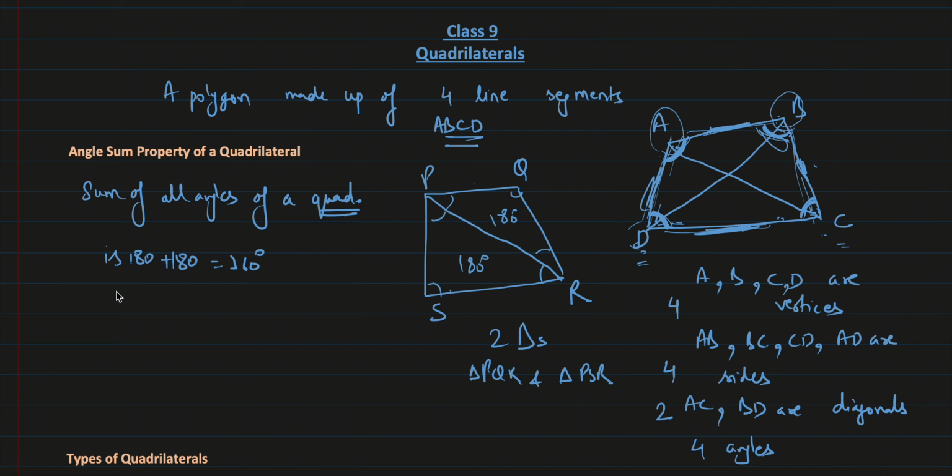So basically it is the sum of angles of triangle PSR plus the sum of angles of triangle PQR, that will give us 180 plus 180, which equals 360 degrees.